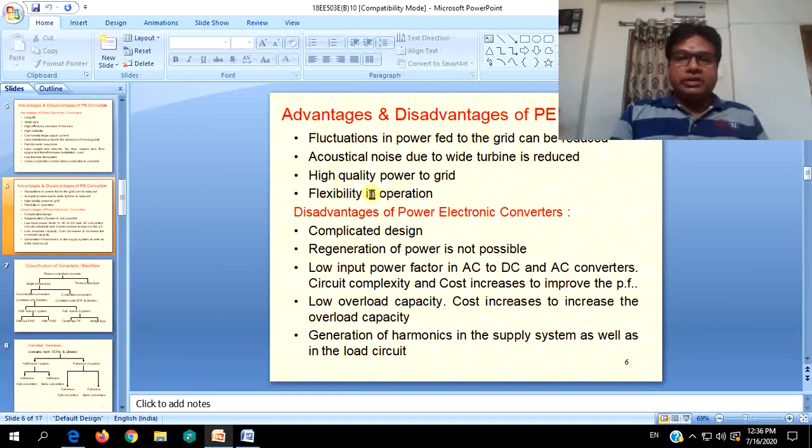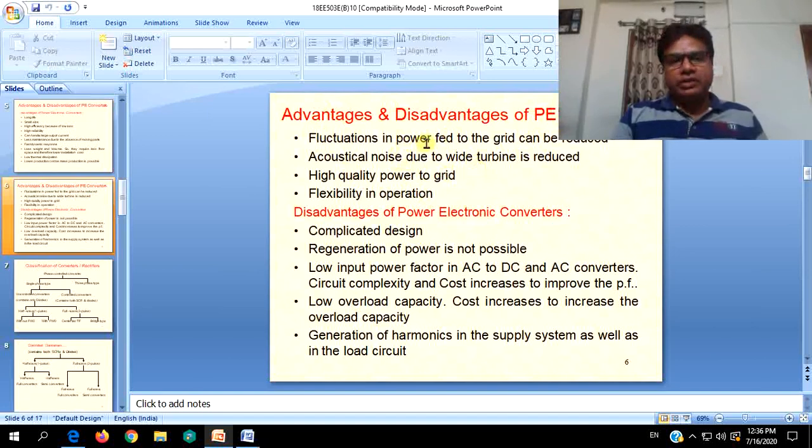Apart from that, these points are related particularly to grid and utility systems, where fluctuations in power fed to the grid can be reduced. The output fluctuations from an electrical machinery cannot be controlled as such, but obviously the outputs of power electronic converters are without fluctuations, you can say simply.